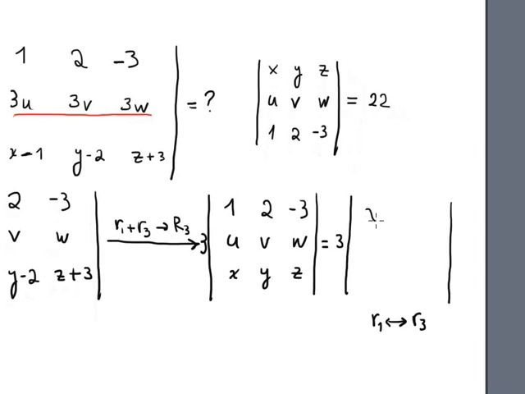So we have, for example, x, y, z, u, v, w stay the same, and 1, 2, negative 3. Remember, when you swap two rows, you must change the sign here. It's the property number 1. And this determinant is exactly the same as the original, and the answer is minus 3 times 22, equal to minus 66. It corresponds with the option D.